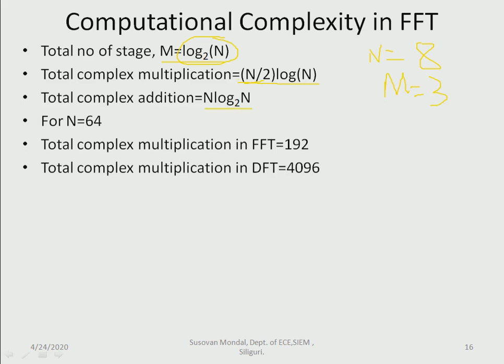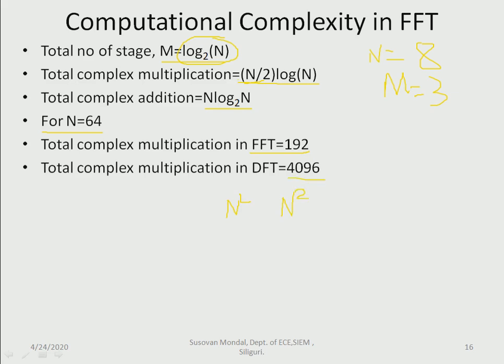This is very simple. Now for a 64-point FFT, the total number of complex multiplications for the FFT algorithm is 192, but if we go for direct DFT, then the number of complex multiplications will be n square, which is 4096.